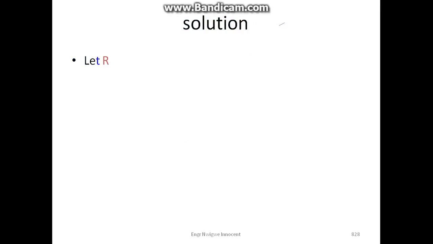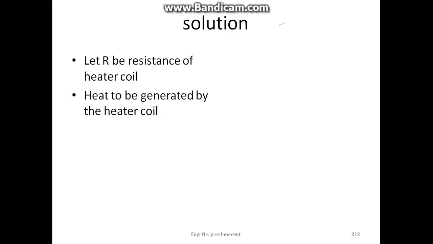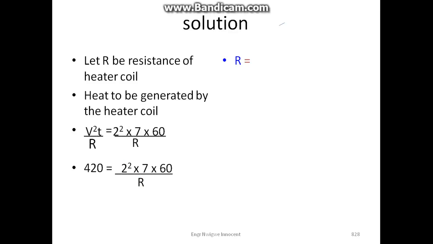Solution: let R be the resistance of the heater coil. Heat to be generated by the heater coil, V squared t over R, equals 2 squared times 7 times 60, to convert 7 minutes to seconds, all over R. But the energy is 420, which equals 2 squared times 7 times 60 all over R. Making R the subject of the formula, we now have capital R equals 2 squared times 7 times 60 all over 420.